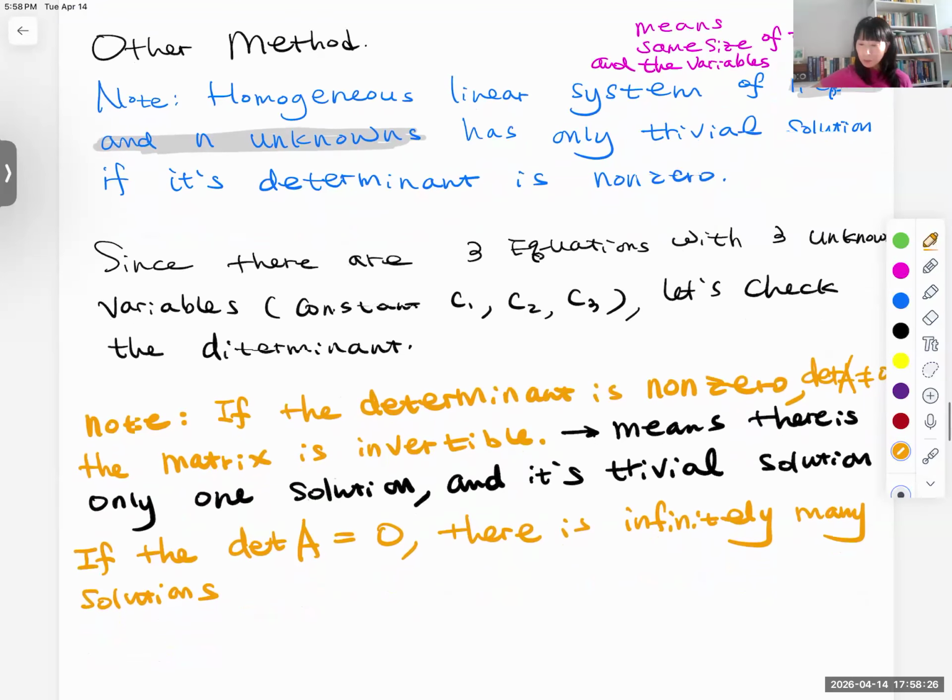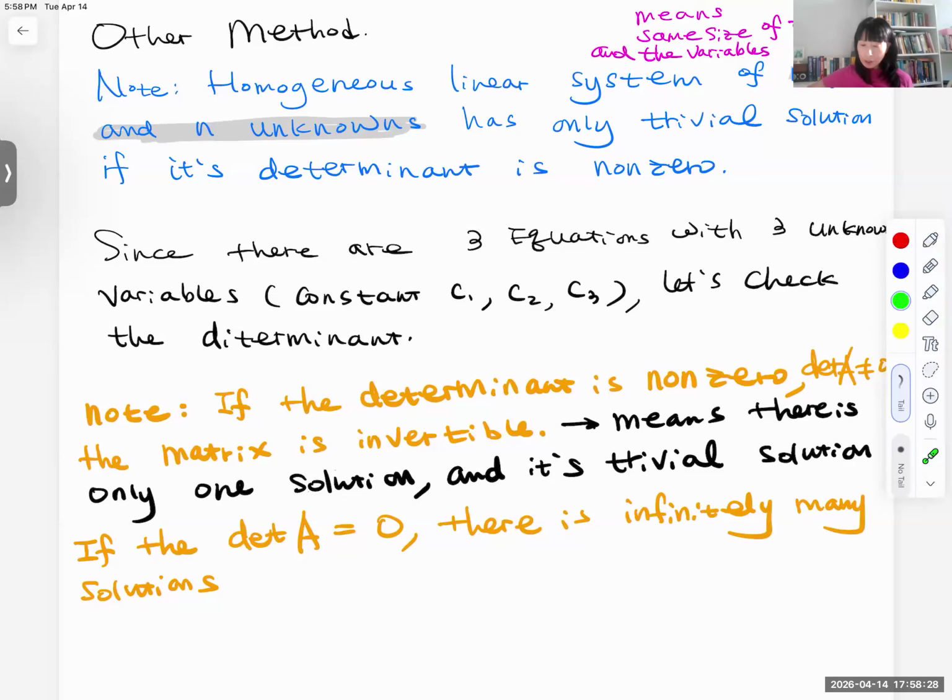Okay, so I wrote down this one. If the determinant is non-zero, then we denote it like that, right? The determinant of any matrix A not equal to 0, non-zero, then the matrix is invertible. What does this mean? This means there is only one solution, the trivial solution. Trivial solution means the zero solution.